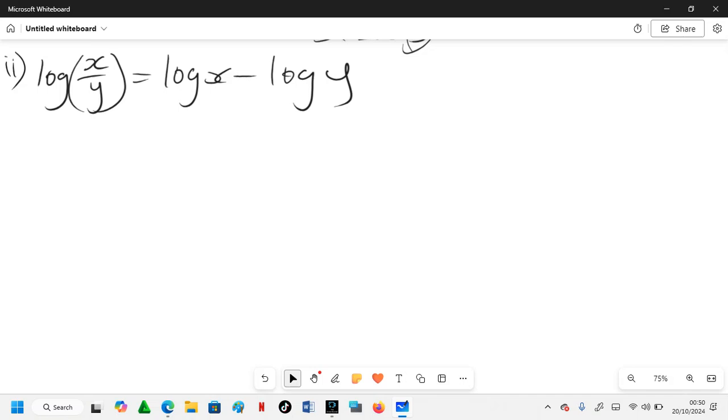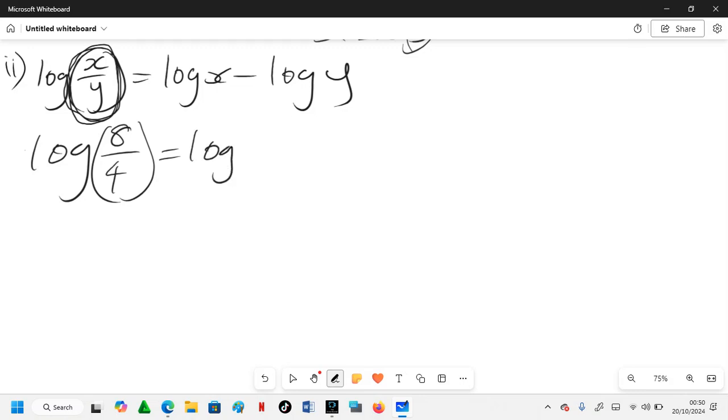If you are finding the log of two numbers dividing, you can just subtract their logs. Like, what is the log of 8 over 4? It is just the log of 8 minus the log of 4. It's as simple as that.